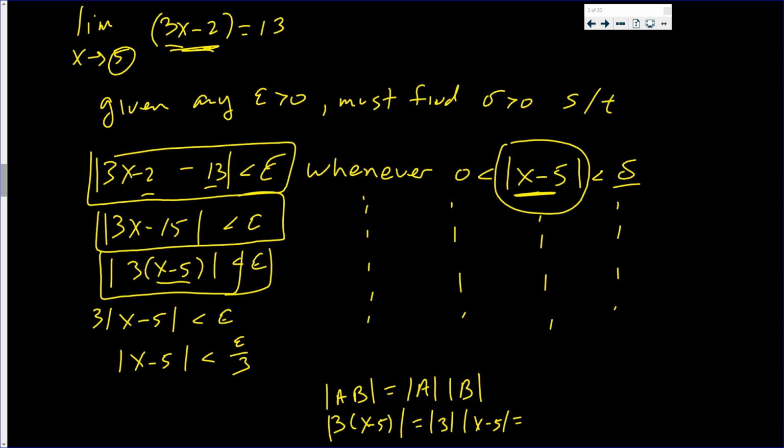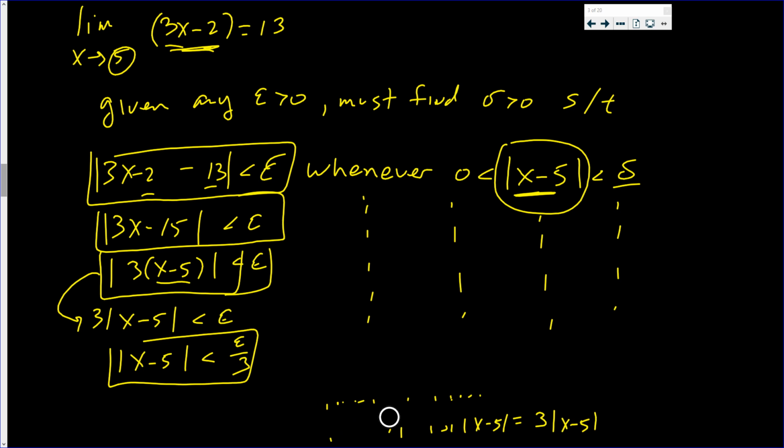But I know what the absolute value of 3 is. Okay, so this statement is the same as that one, and this statement is like the one before. So all these statements on the left are true.